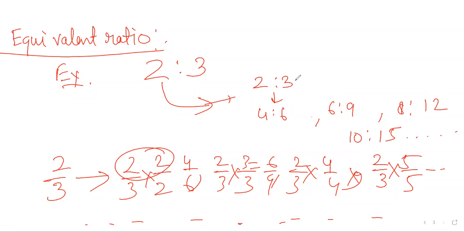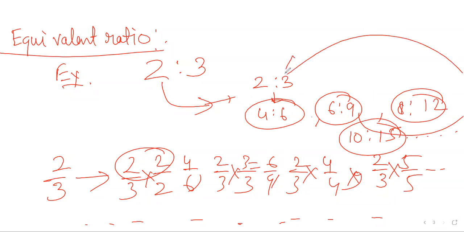So these are known as equivalent ratios with respect to 2:3. ठीक है. The same that you have done, I am just replacing with some symbolic representation, nothing else. So this is your equivalent ratio concept.